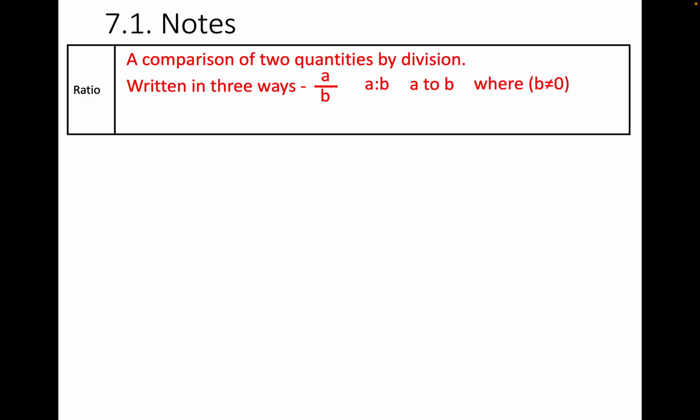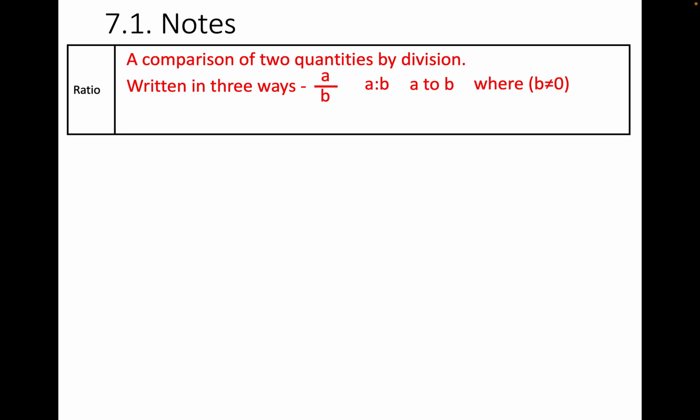And in all of these cases, B can't be 0. You can't have a fraction with 0 as a denominator. So again, if this is comparing two quantities by division, imagine that we are comparing the genders of the people in our classroom, and for every one boy, we have 3 girls. Okay, that's a ratio that makes sense. For every one boy, we have 3 girls.